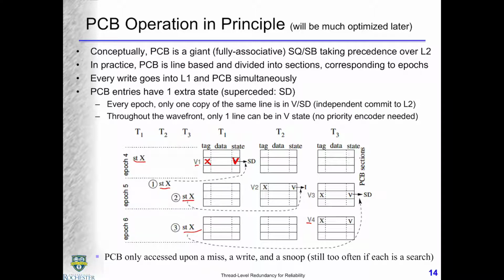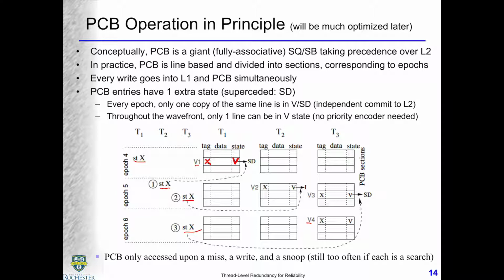And if I try to read from X, I will have to get it from here. In fact, I will copy this line back into L1. So by the way, you can kind of imagine this section is fully associative. So we just keep one after another. It's not organized by index or anything like that. So this is the first version.